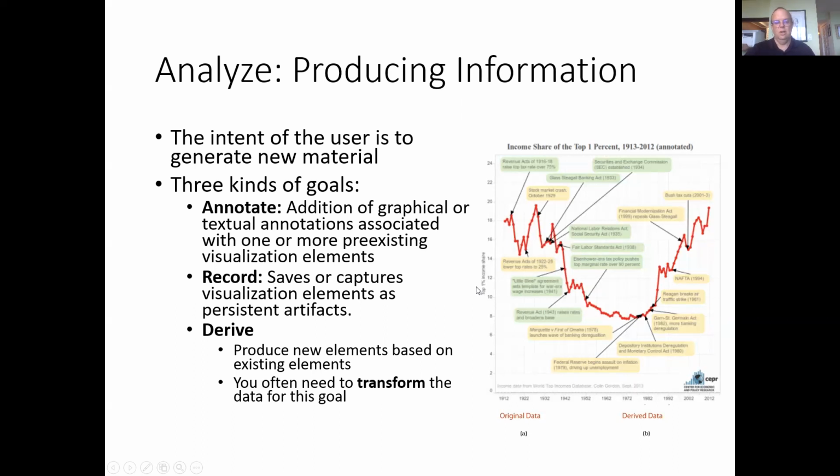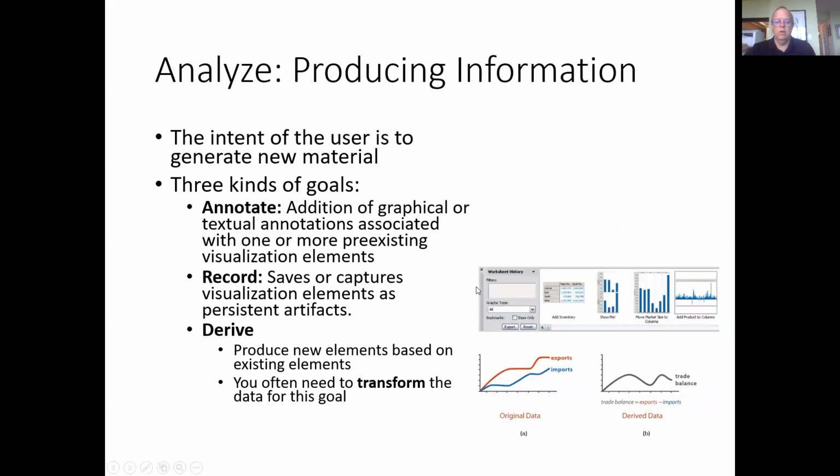That's annotation. Record is where you can look at a history and save or capture visualization elements as a persistent artifact. So here we're going through and looking at a history of what we've actually done, and we can maybe annotate that history or describe that history to produce a visualization for analysis.